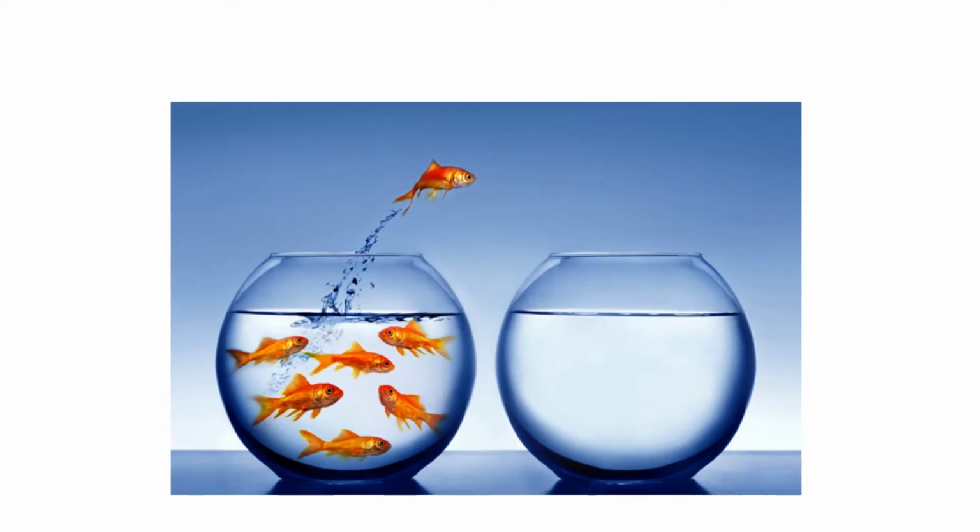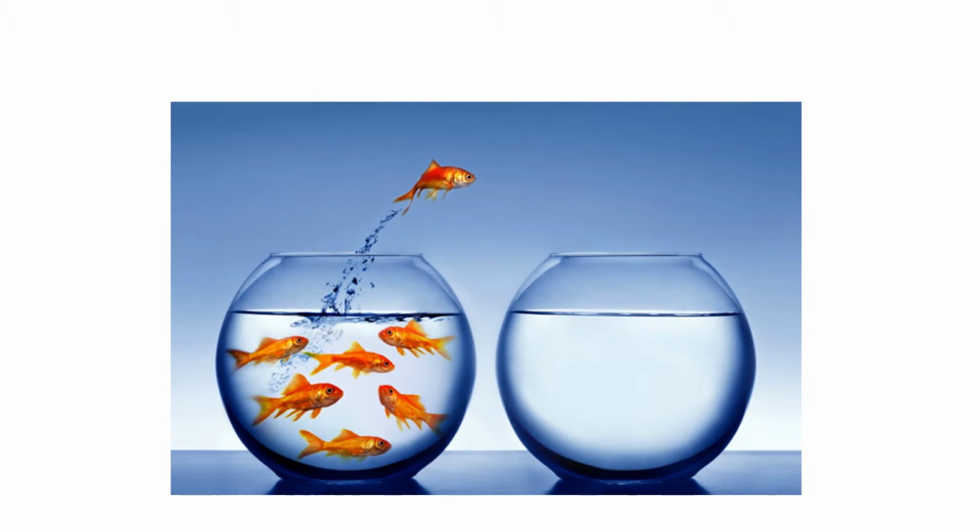Consider this picture. What can you predict from this? Here you have a group of fishes in the same tank. They are dependent on one another for food. Even if a fish wants food, it depends on the other fish, because only if it gets the chance can it eat the food.